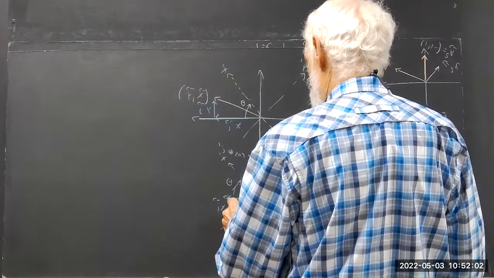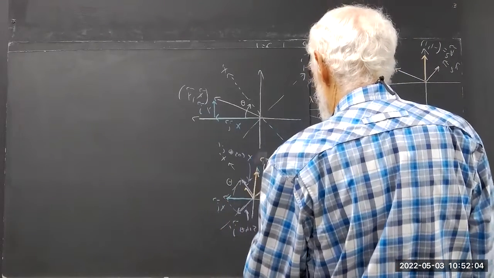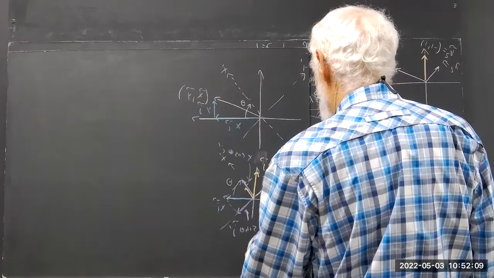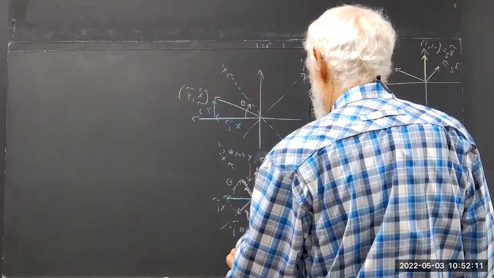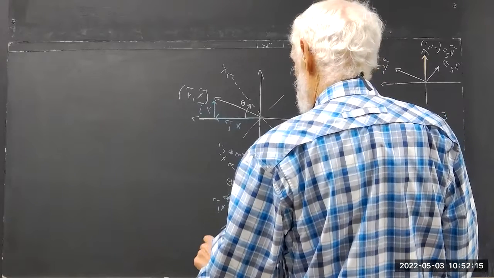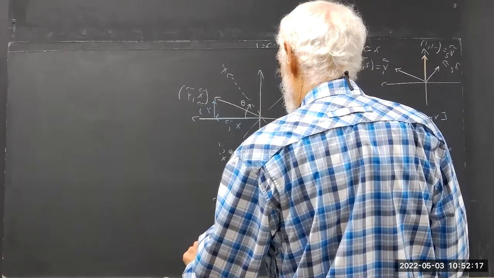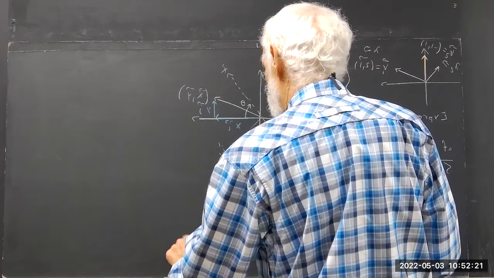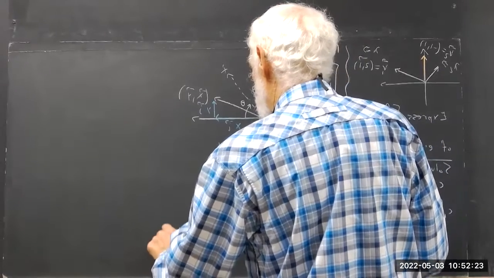So down here I can say that x i equals x cosine theta i prime minus x sine theta j prime.